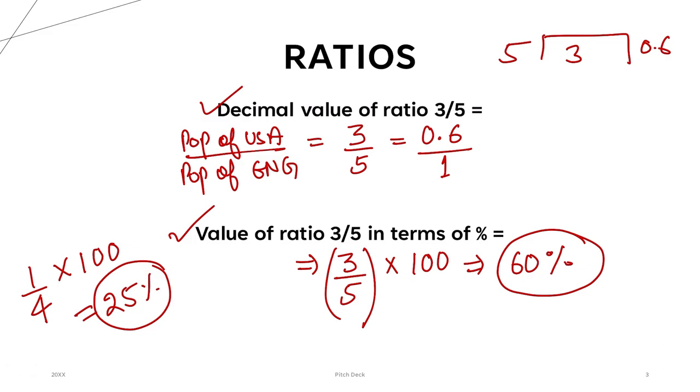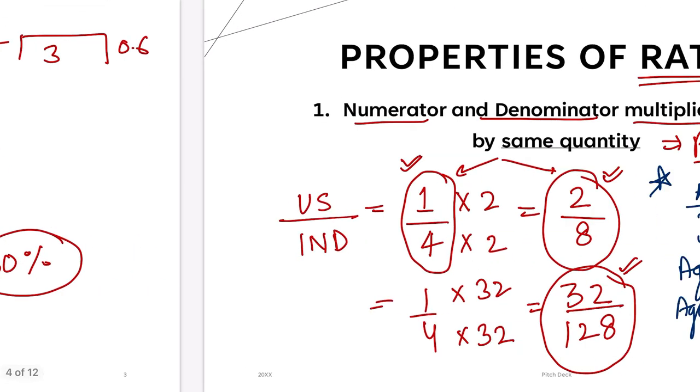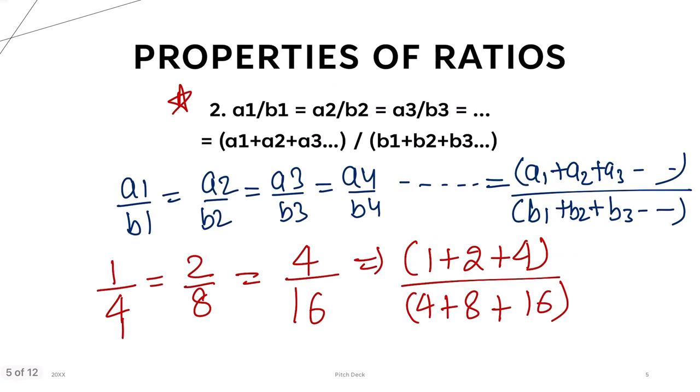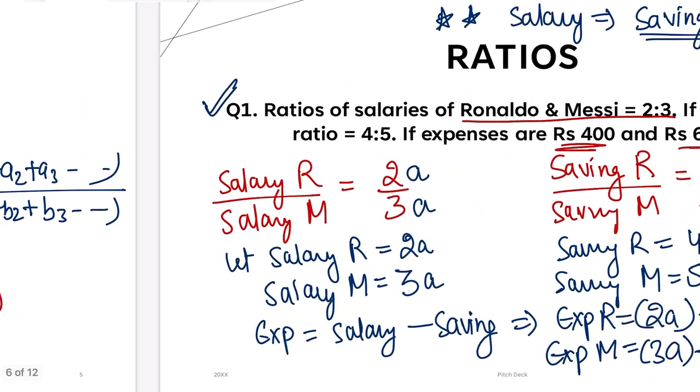We can represent ratio as a decimal or percentage. Then we have the properties of ratio, very important: when we multiply or divide numerator and denominator by the same quantity, the ratio remains the same. We will use this property in the previous year questions.